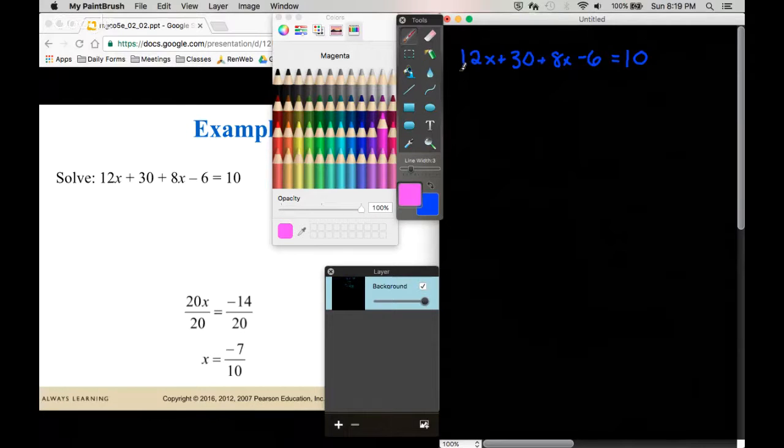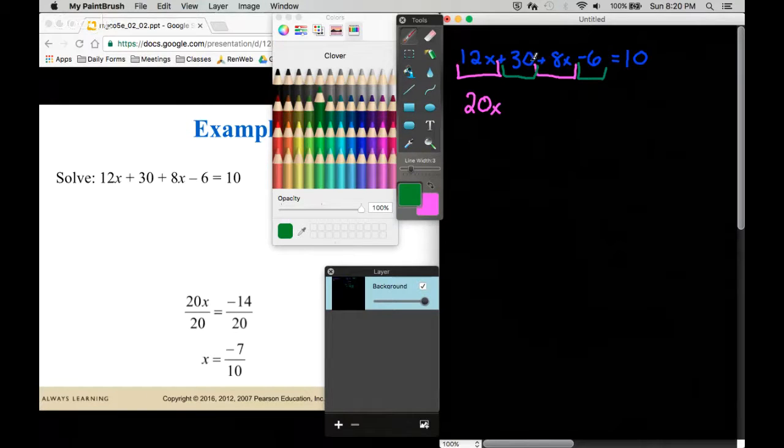So you're going to look over here for your like terms. You have some like terms here, and you have some like terms here. All right. So your like terms with the variables, you have 12x plus 8x. You're going to add those together. It's going to be 20x.